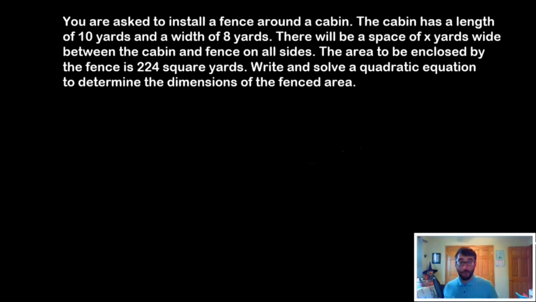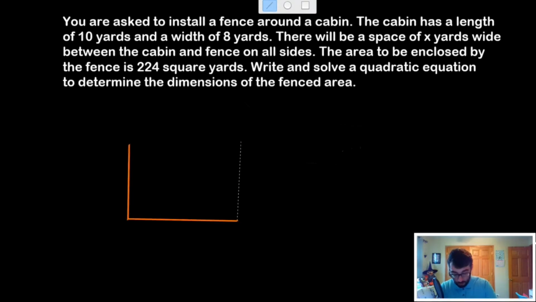Now, this is actually a very common type of problem when we are adding some unknown length to each side and we're asked to find out what that length is. Let's start by drawing a diagram. So we have this cabin here, and it is 10 yards by 8 yards.